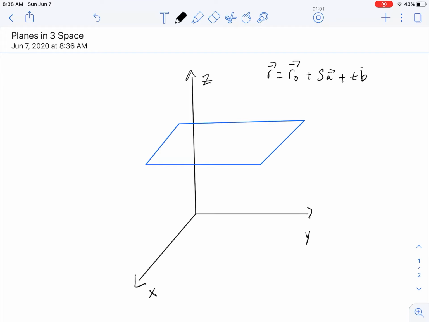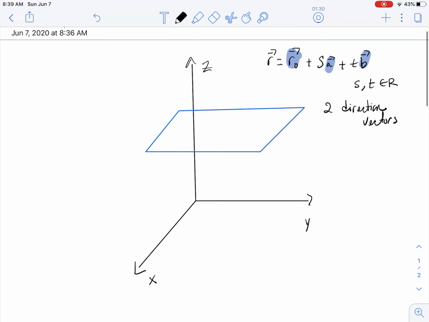The big difference between a plane and a line, and S and T are real numbers, is that you have 2 direction vectors. Again, your R naught would stand for a point on the plane, and your A vector and your B vector, and you could use different variables, would be 2 direction vectors. So very similar to a line.